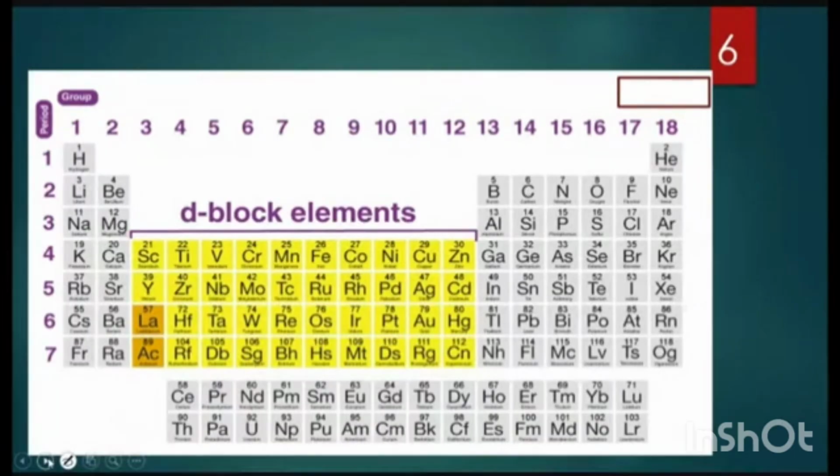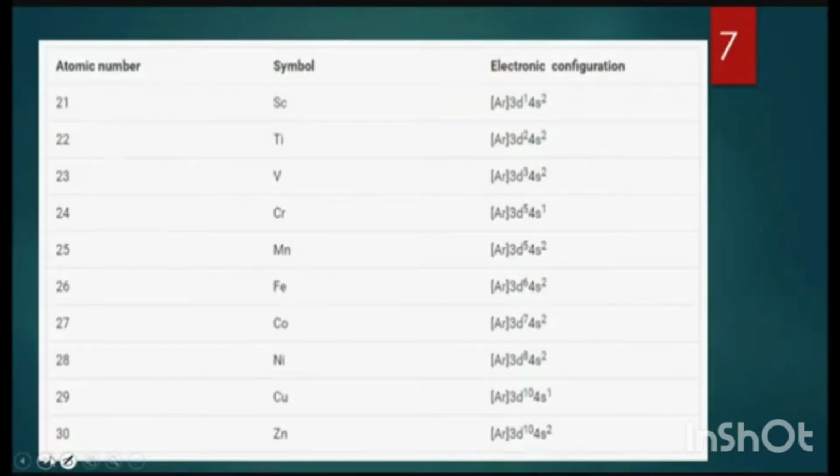One is the actinide series and the other is the lanthanide series of elements. Here I have taken the first transition series of elements, which starts from scandium and ends with zinc. Here we have mentioned the atomic number, atomic symbol and the respective electronic configuration. Scandium, whose atomic number is 21, has electronic configuration argon core 3d1 4s2, whereas titanium, whose atomic number is 22, has argon core 3d2 4s2, and so on.